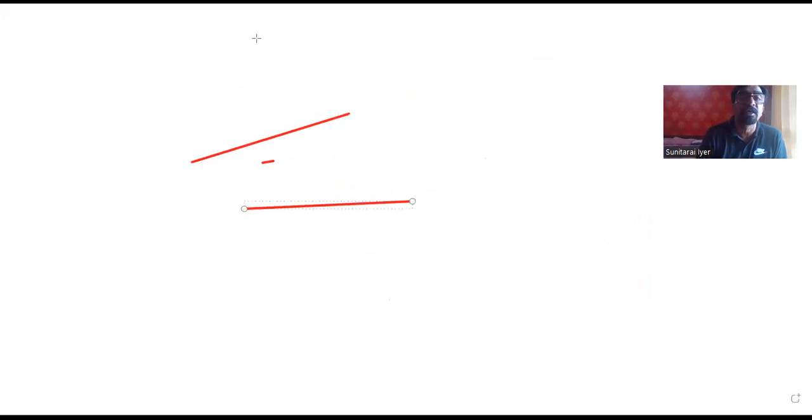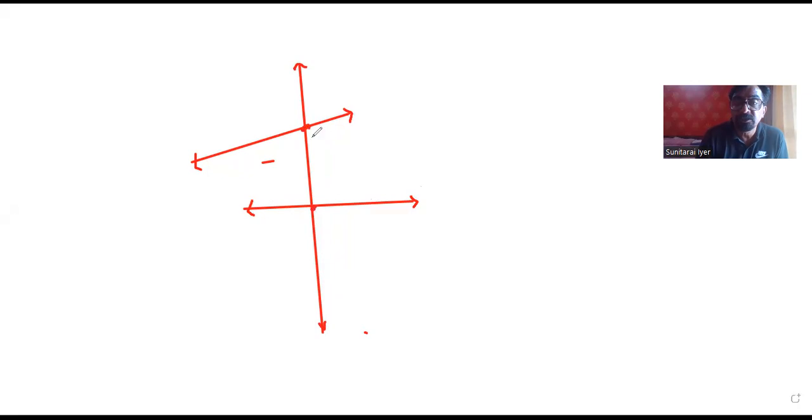These coplanar lines are intersected by a transversal. You can see this transversal, children. The transversal intersects them at distinct points. Got it?